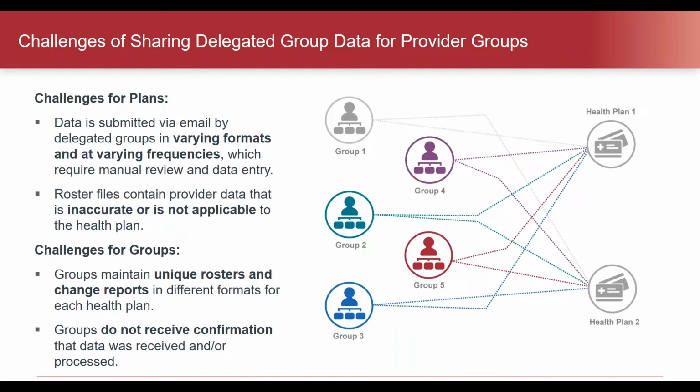Other existing challenges for the groups are that they're having to maintain all these different rosters and change reports in different formats for each health plan. The manual maintenance of these reports is painful, as well as once they send them, they oftentimes don't receive any confirmation that the data was processed or received. This prevents them from completing downstream steps that are critical for claims processing and directory maintenance.